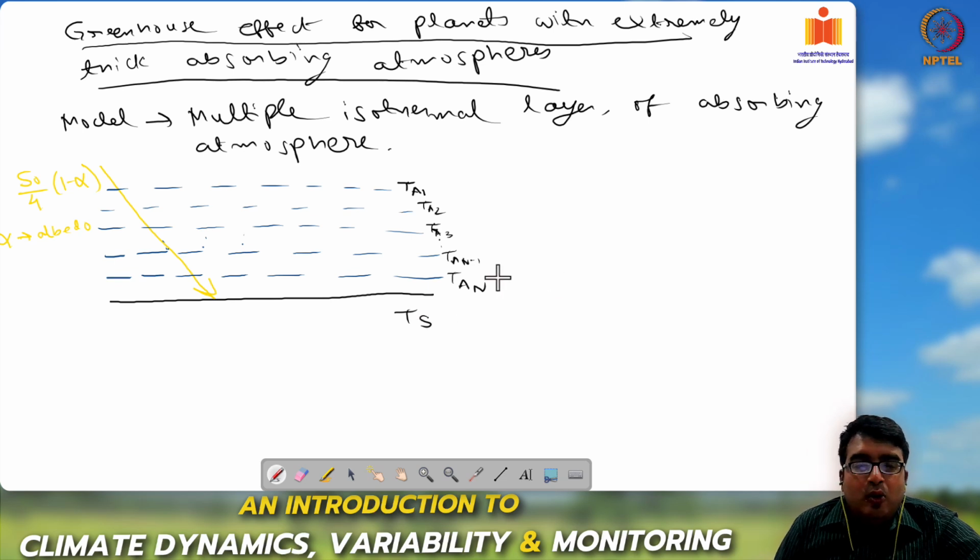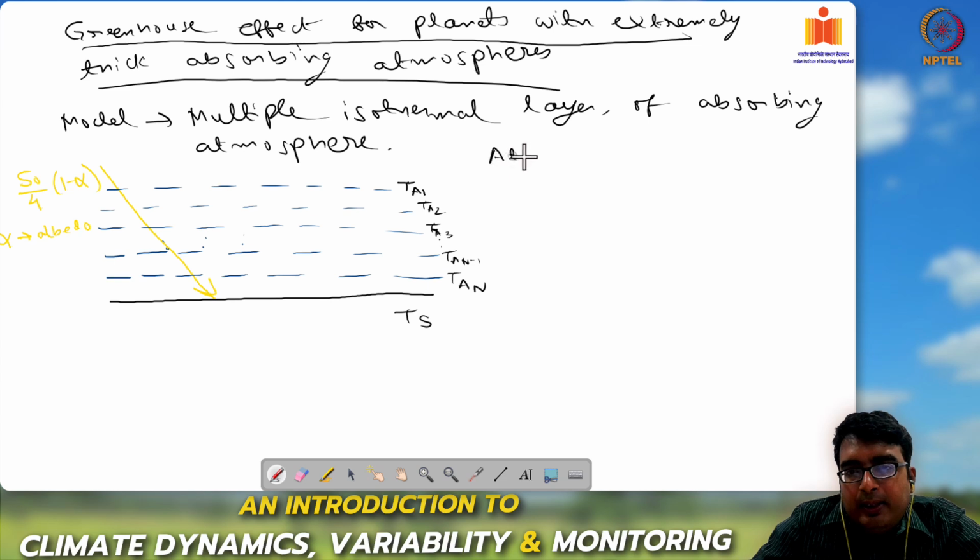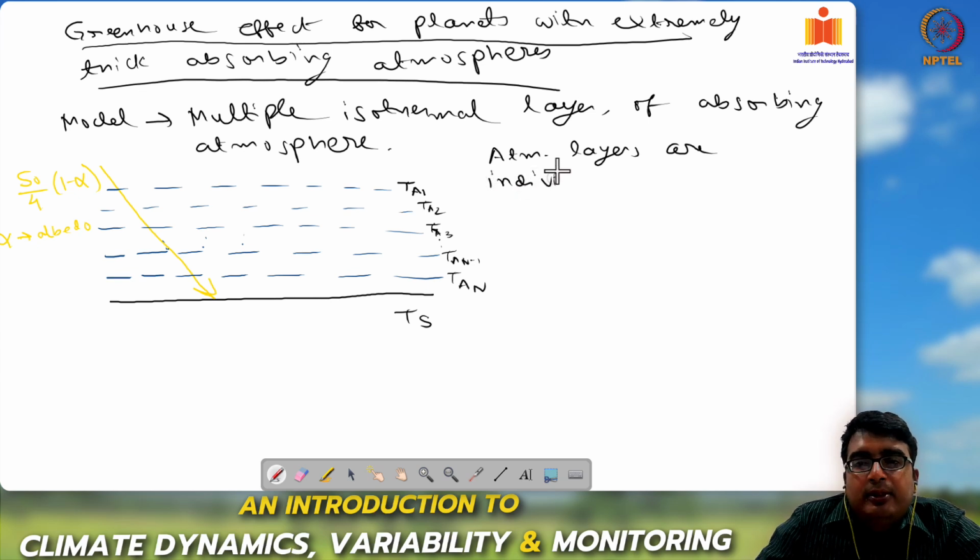Okay, what are the approximations? Atmospheric layers are individually isothermal.